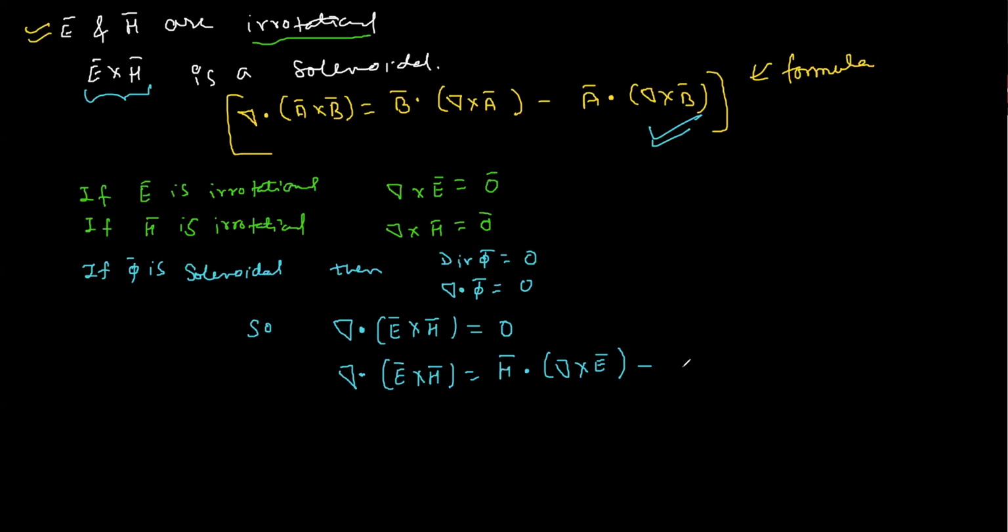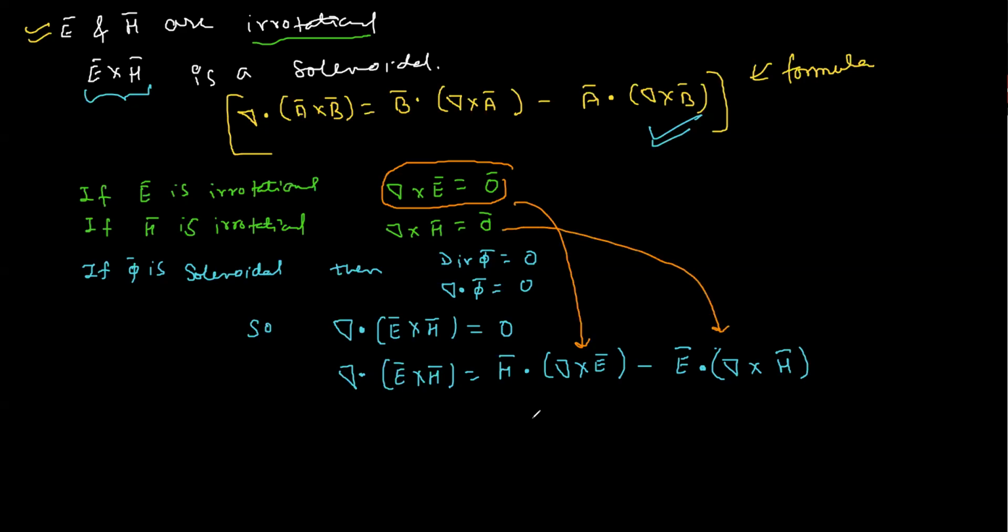Put the value of A and B. Dot product. Understood? Now you have already what? This is zero and this is zero, right? Zero.